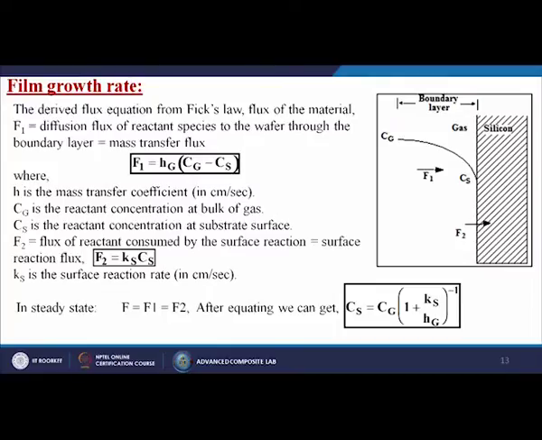F2 is the flux of reactant consumed by the surface reactions, the surface reaction flux F2 is equal to Ks into Cs, where Ks is the surface reaction rate in centimeter per second. In steady state, F equal to F1 is equal to F2, and after equating we get Cs is equal to Cg into (1 plus Ks by Hg) to the power minus 1.